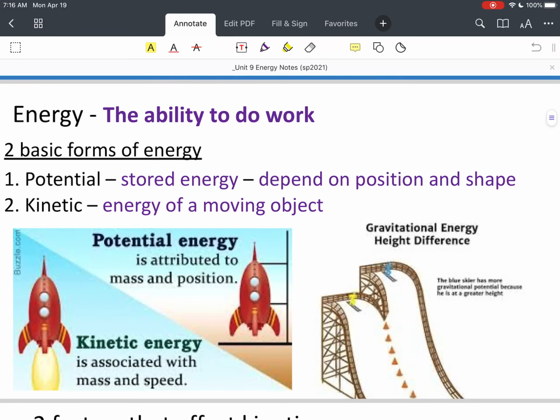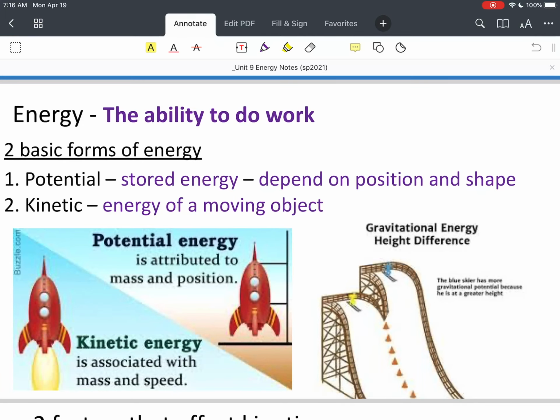The two types of energy are potential energy, which is just stored energy, and kinetic energy. Any time an object is moving, its kinetic energy is greater than its potential, just like you saw in your simulation. When the skater was moving quickly at the bottom of the ramp, his kinetic energy was higher.